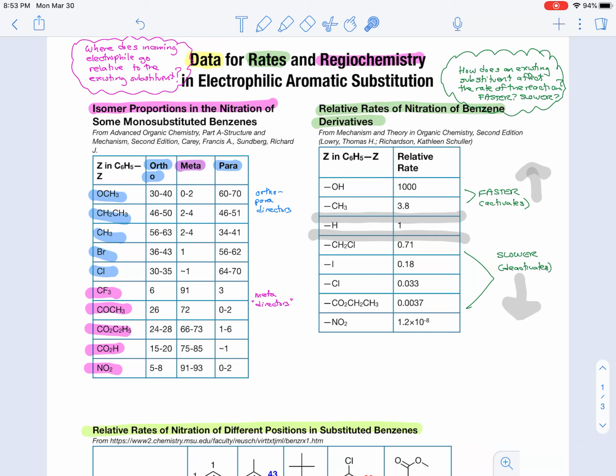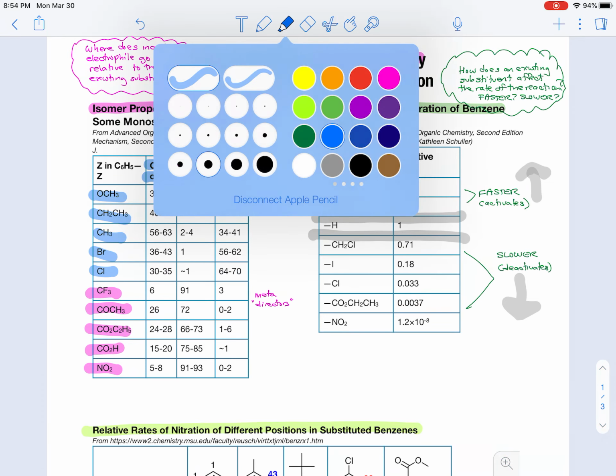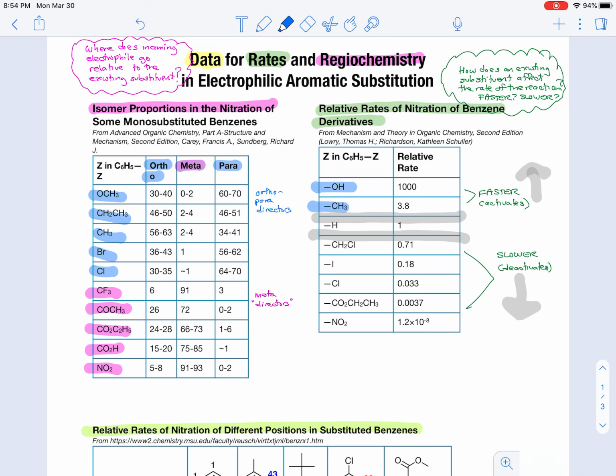Another thing that we can do with this data is to look to see if there's any correlation between the rates and the regiochemistry. It wasn't easy to find data, but if you look at, let's say, the methyl group, and we can say that maybe the OH group is going to be similar to a methoxy group, both the OH and the methyl group are ortho, para directors, and notice that those are also activators.